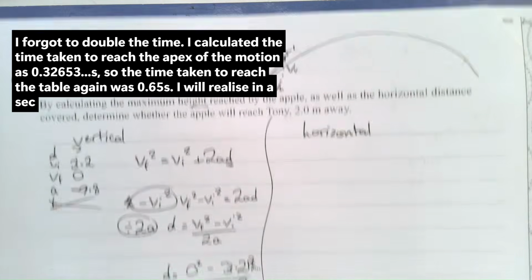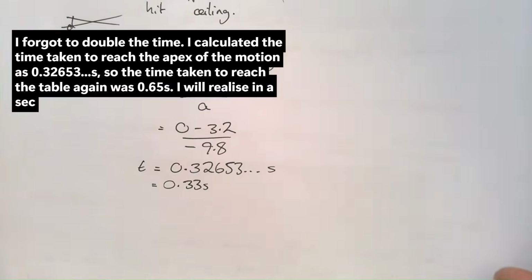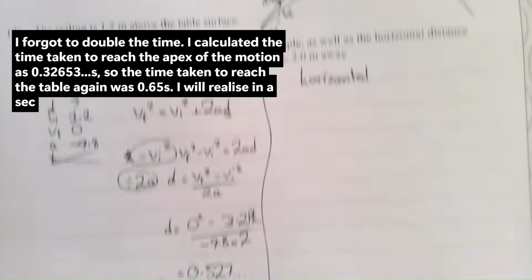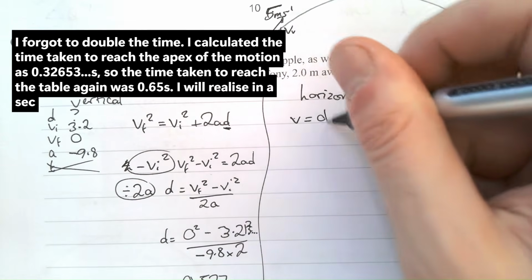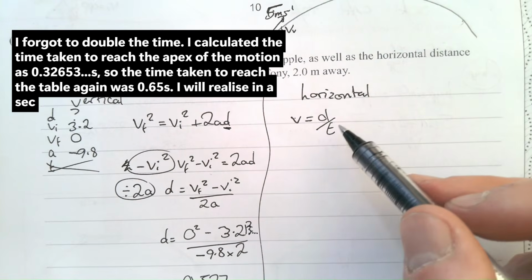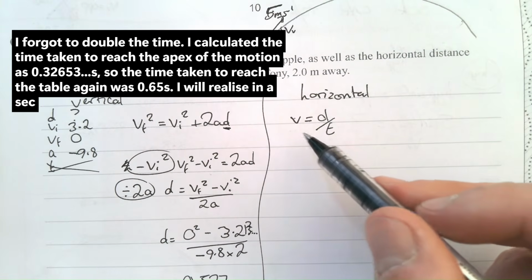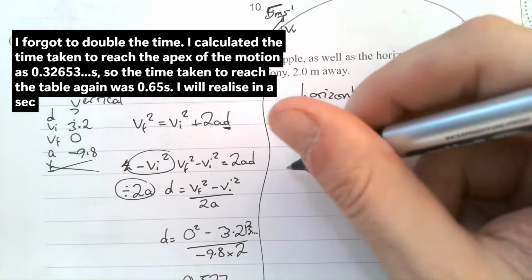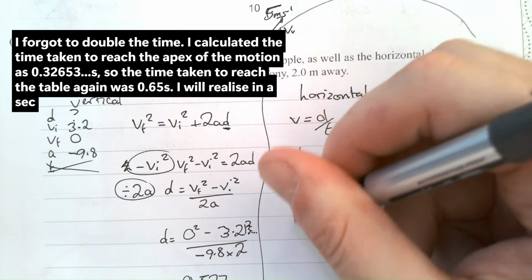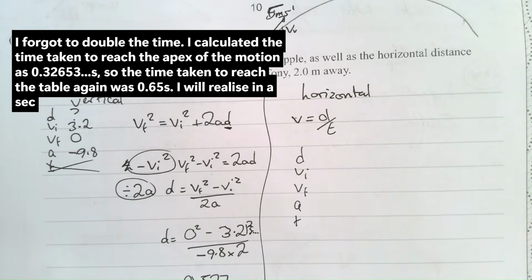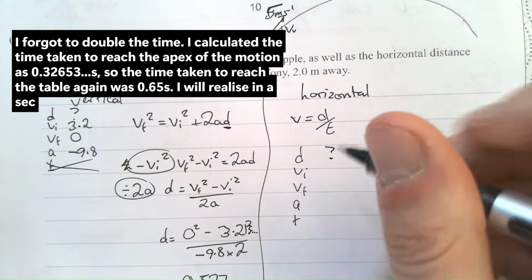Now I can go up to my horizontal motion and I'm going to use that, and speed is distance over time. Because I've got a constant velocity, I can use the simplified form. If I was being really thorough, I would again write out this and do it for horizontal motion, where I would find that distance is what I'm looking for.